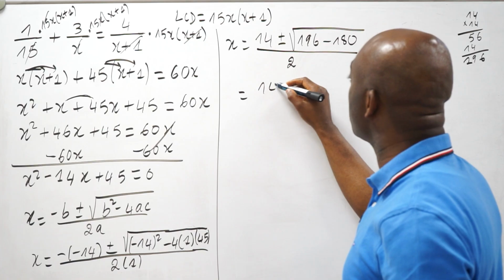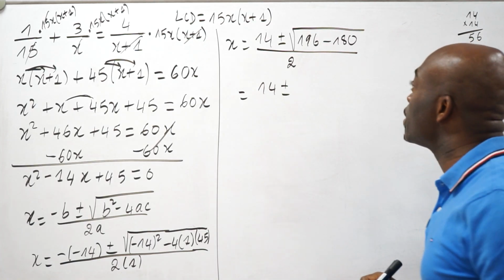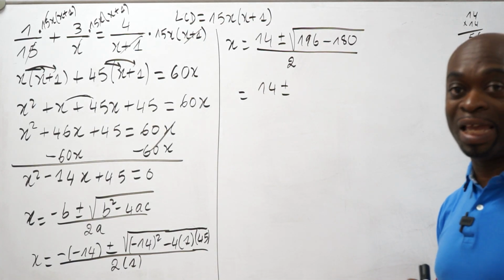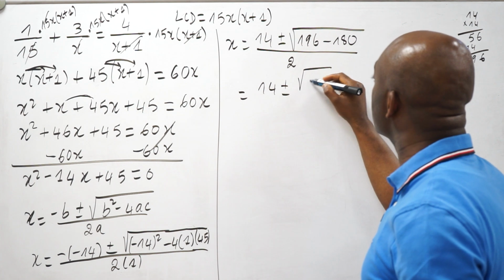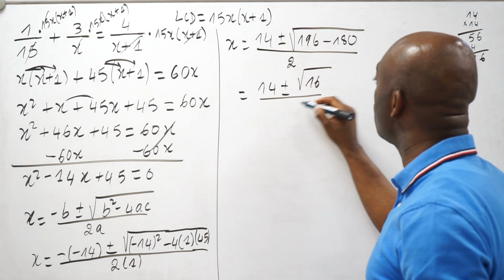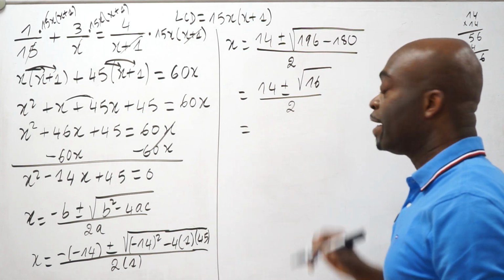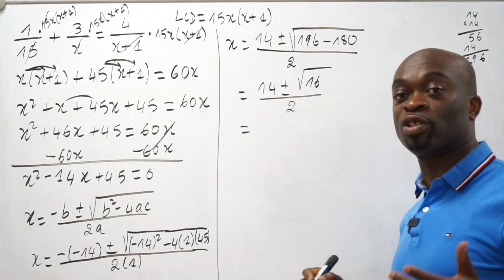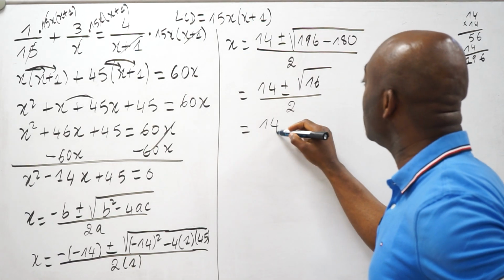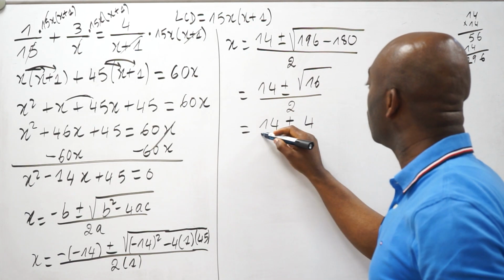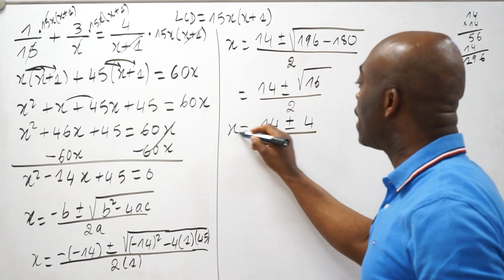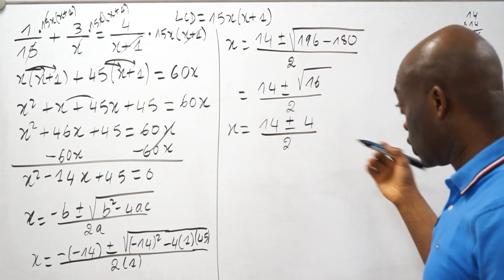Then we have positive 14 plus minus. So what is 196 minus 180? That'll give us 16. Square root of 16 over 2. Is 16 a perfect square? Yes, of 4. So it's 14 plus minus 4 over 2. So that means we have two answers here that we can split.